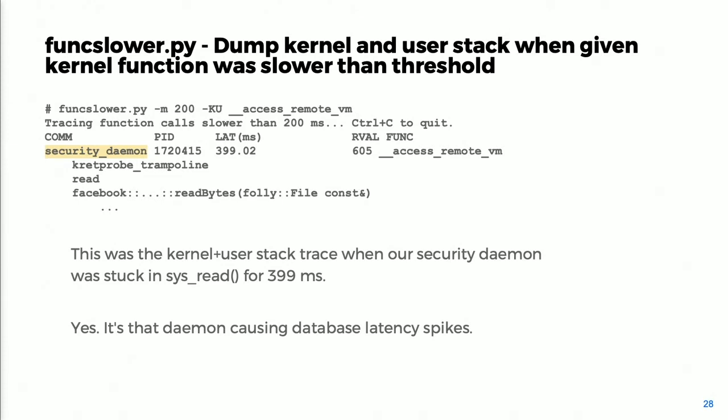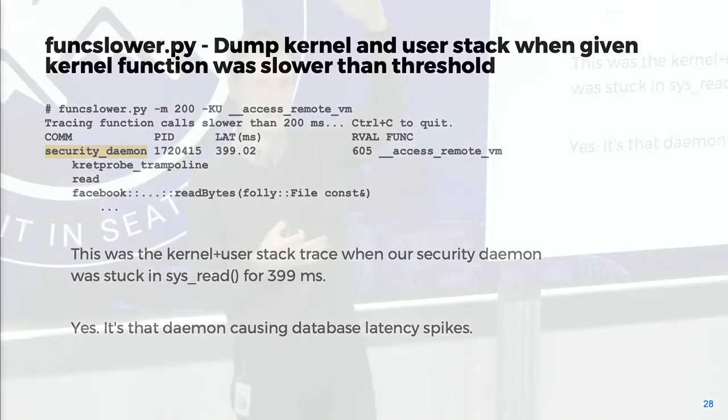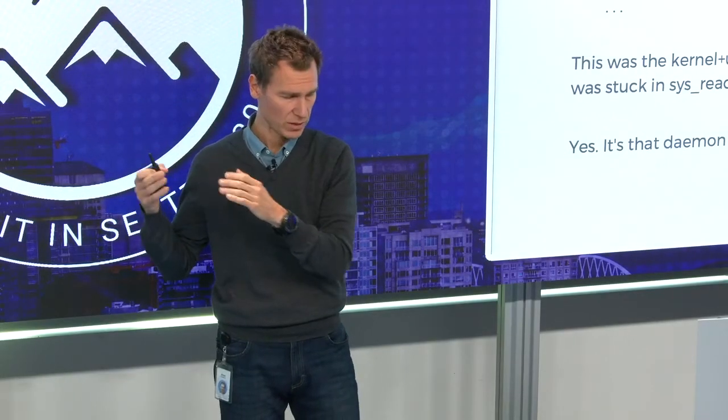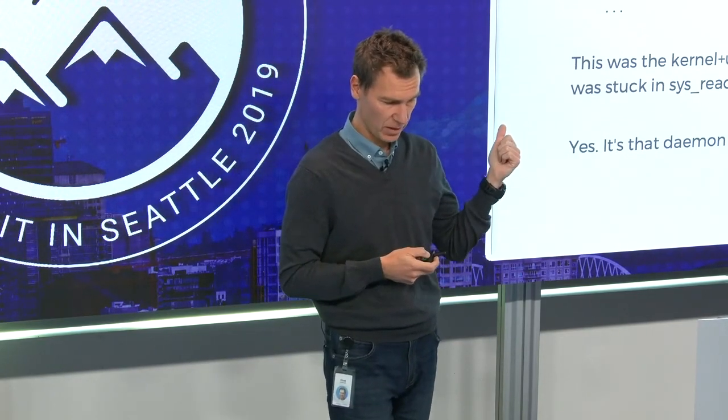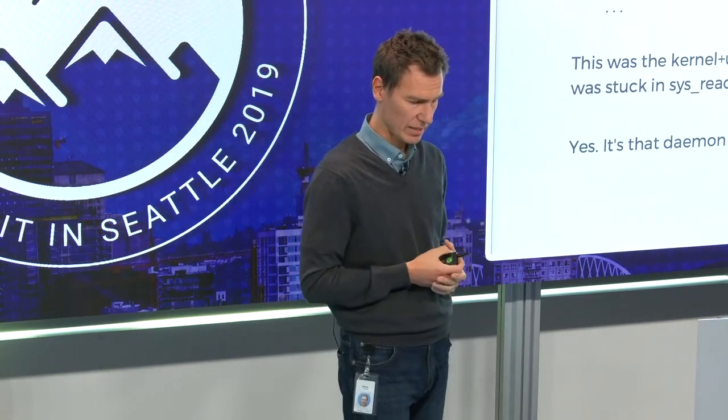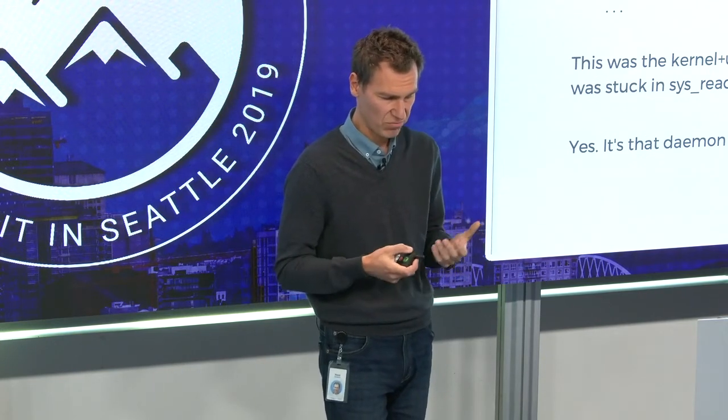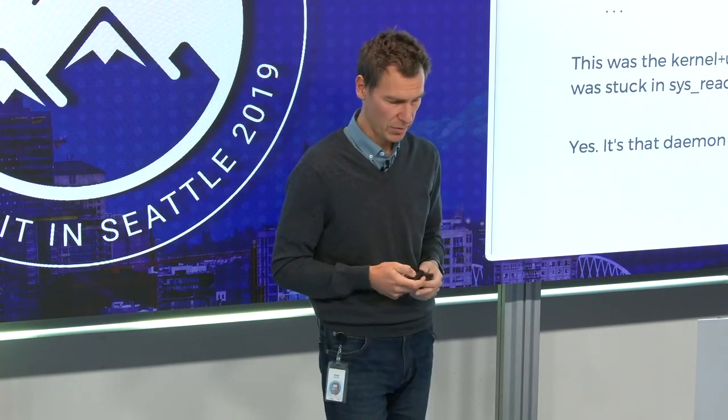The way it's doing it is loading a BPF program into the kernel that captures the start and end of the function, timestamping beginning and end, ignoring all of the events when the latency is shorter. When it is longer, at this time it captures the kernel stack trace and user stack trace, and reports it back to me in user space. Now I see that, yes, indeed, it was my daemon that spent 399 milliseconds just trying to read this proc variable.